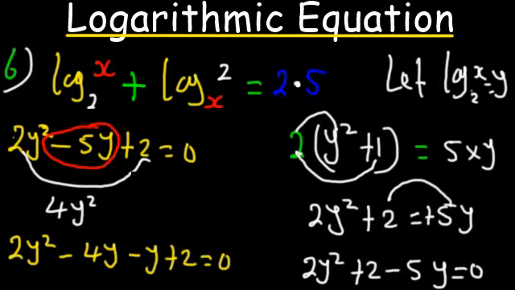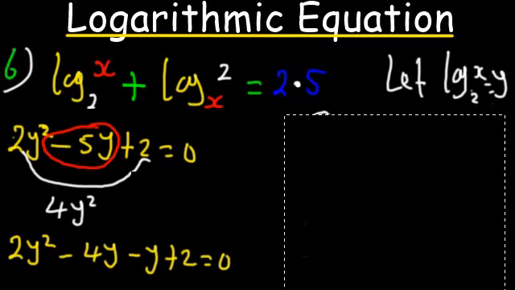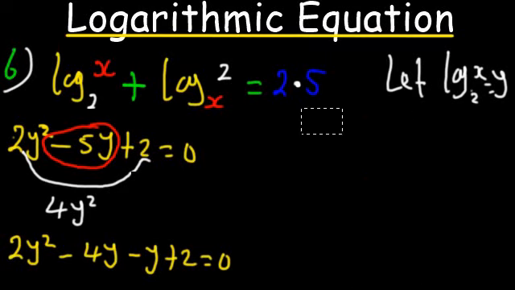The next thing we want to do at this point is just to group what we have. To group it is very simple and straightforward. You just want to put them within parentheses. That's simply 2y squared minus 4y we group it, then minus y plus 2 as well, we'll group it within a parenthesis.